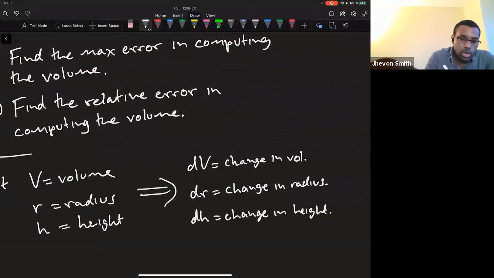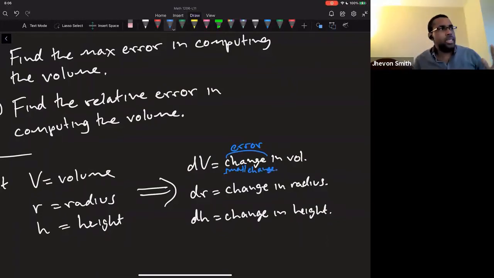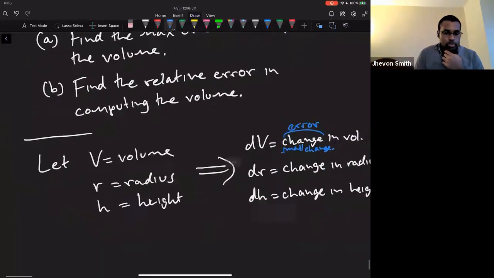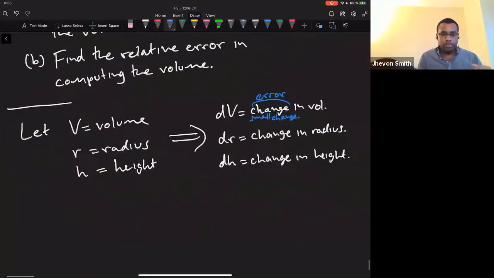Right, the small change. You could look at this in this context as the error, right? So it's a small change. Right, you never use the dx and dy and d anything to represent some big change. It's always a very small change because the tangent line and the function behave very similarly when you get super close. So yeah, so we have that.